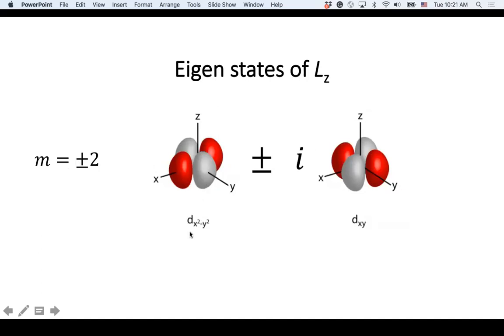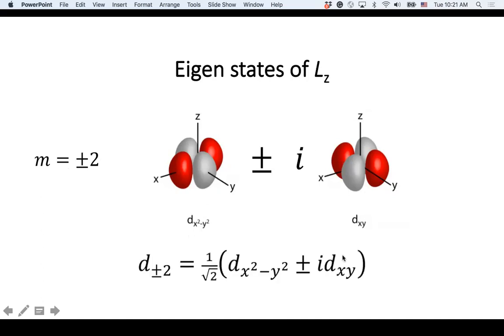So it is dx squared minus y squared plus or minus i dxy. If you do it in this way, then you get the eigenstates of Lz for m equal to plus or minus 2. So these are some basics about the wave function of the angular momentum operator. If you want to know the details, you can review the contents in the textbook of quantum mechanics.